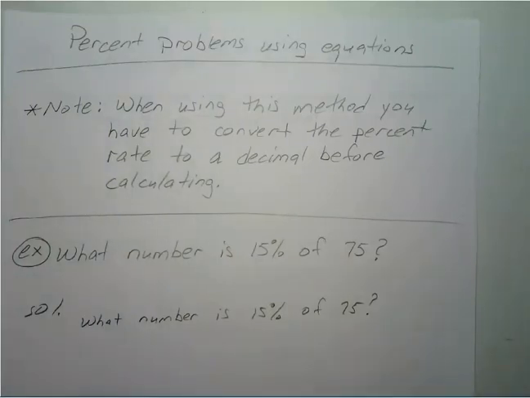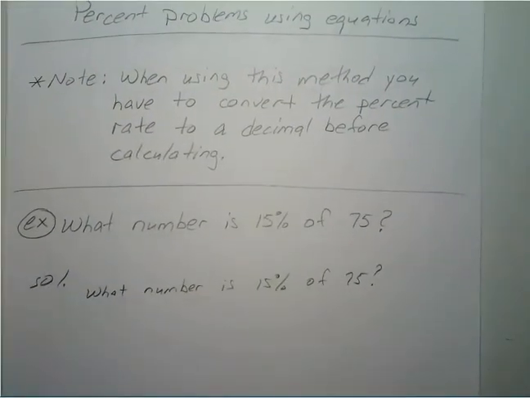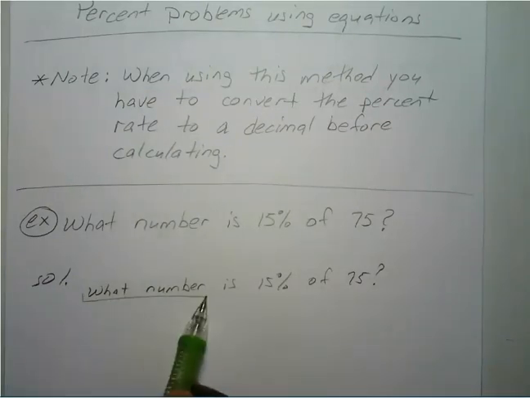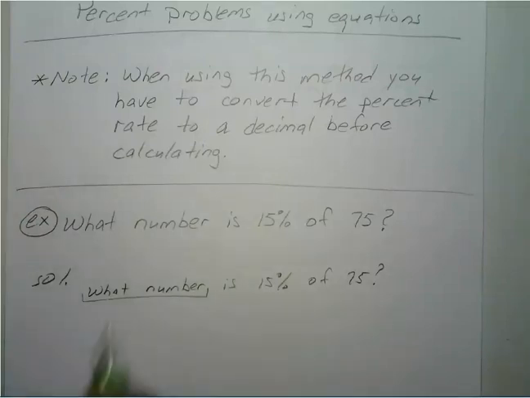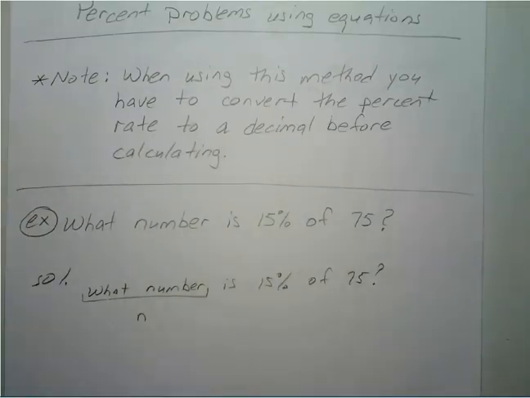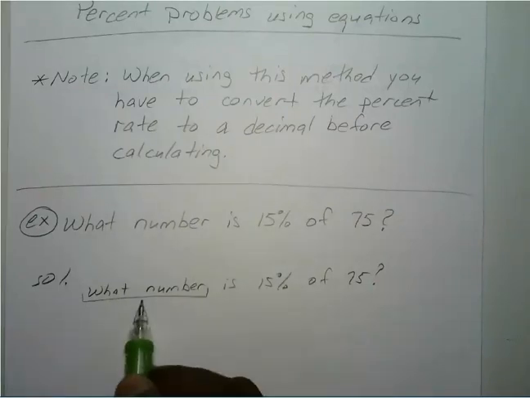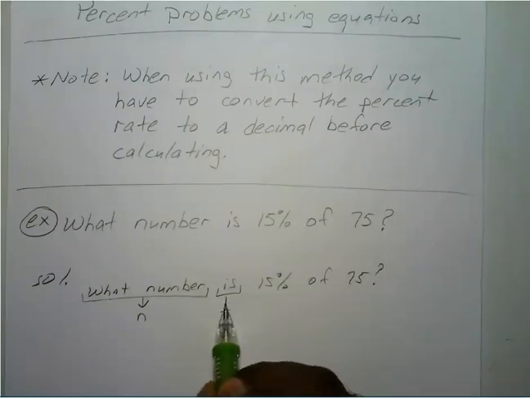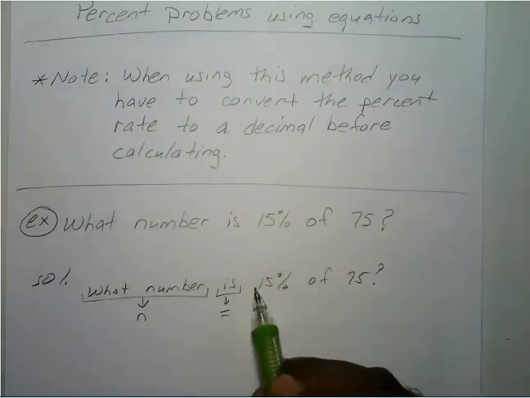Okay. So what we're going to do is we're going to break down that sentence or that question. Okay. So what number, which means we're solving for something. We're solving for an unknown number. So we can put that as n or x or whatever variable you want. Okay, so what number is n? Is, remember, is equivalent to saying equal to 15%.